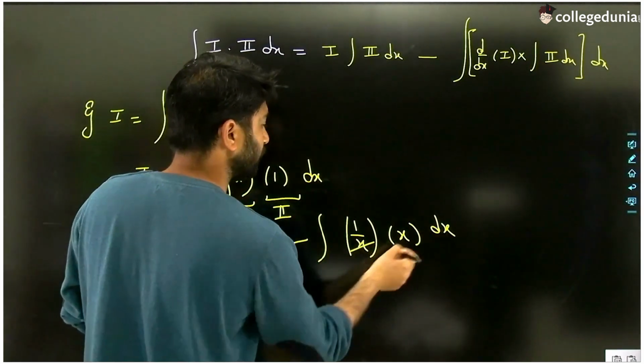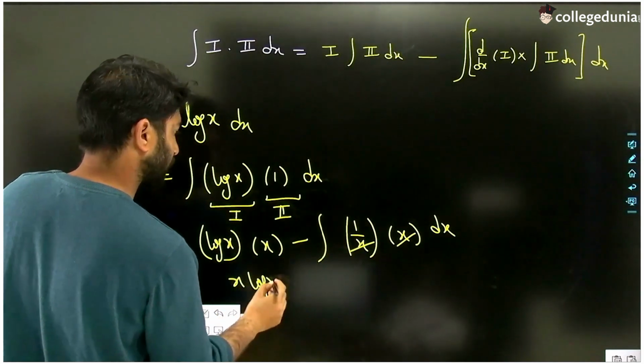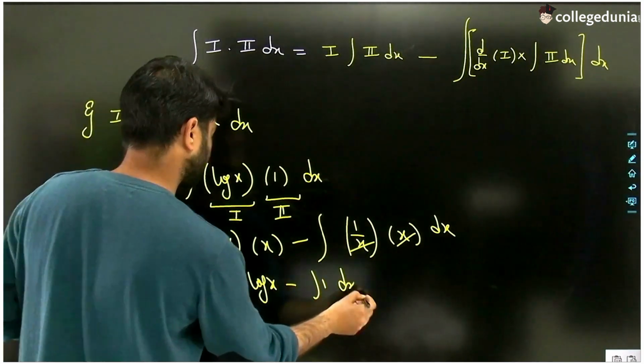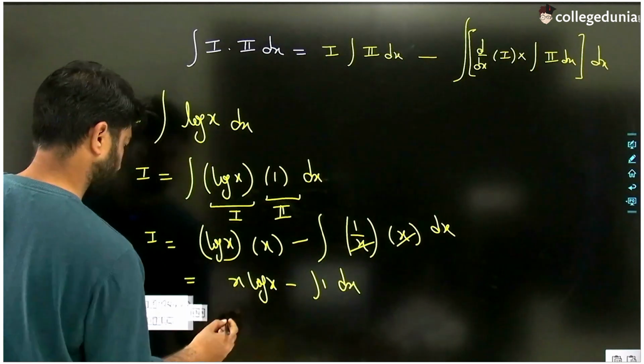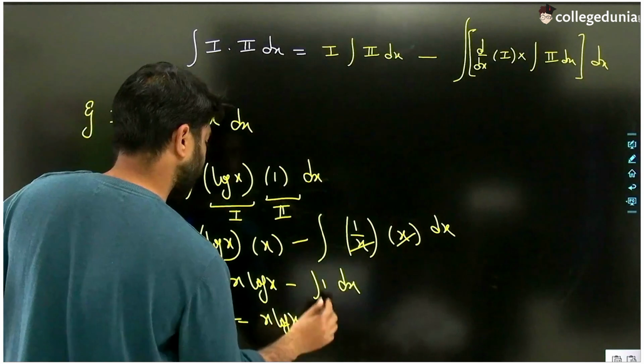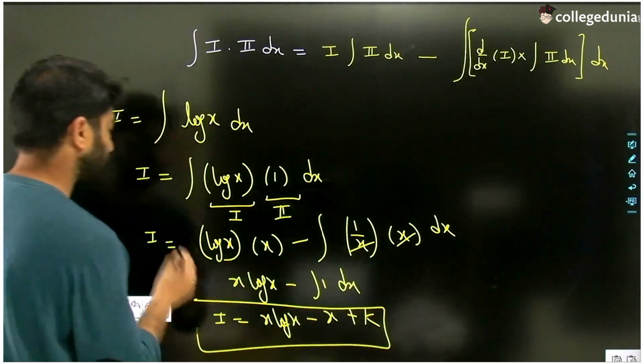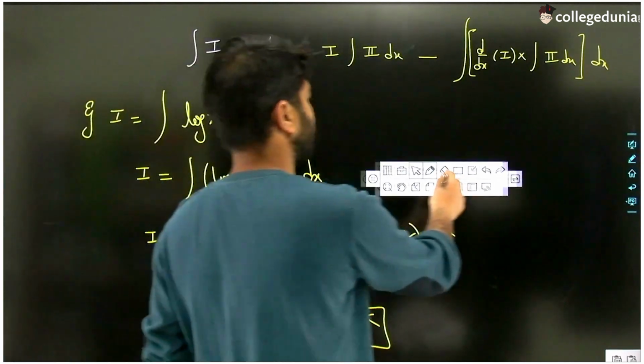Now this x cancels out, we have x log x minus the integration of 1, which is x, plus k. And guys, this is the integration of log x.